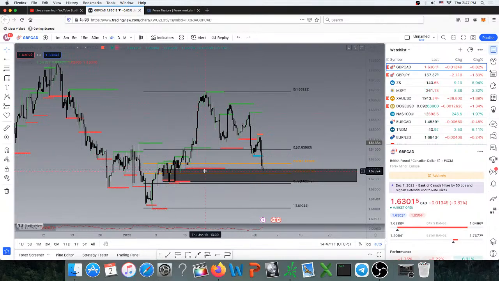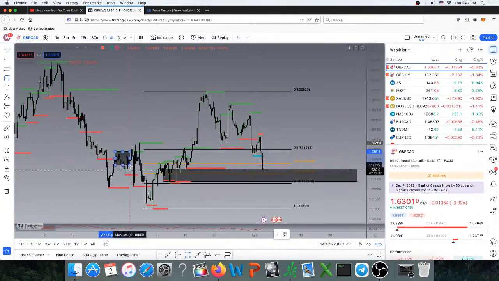Let's look at value. Price seems to be below 4-hour value.